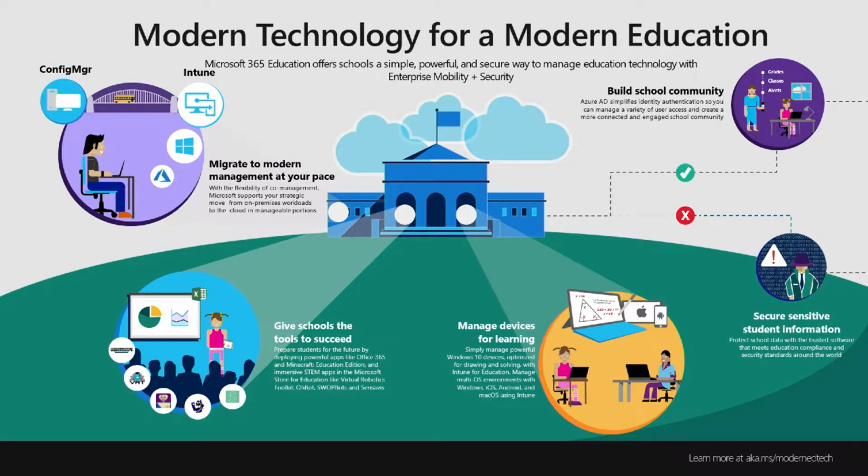My best success in a school in Switzerland was managing it with Intune for Education, Office 365 of course, and also with Config Manager, the classic way, and with co-management, to manage all that diversity in a pretty easy way.